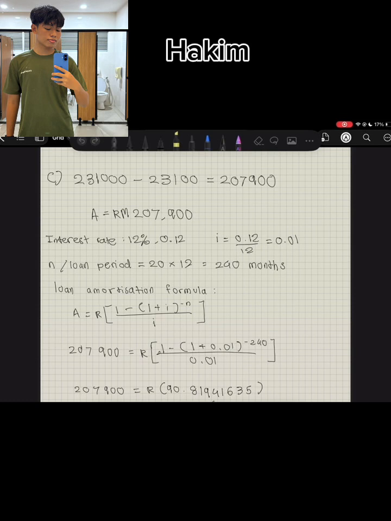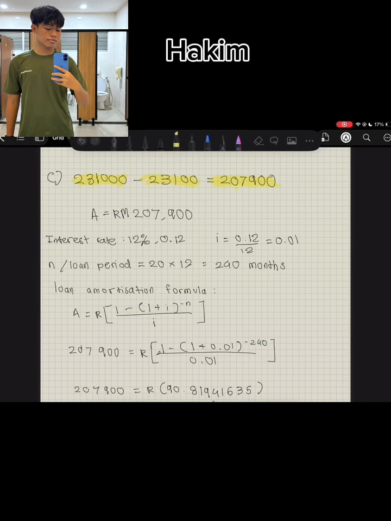Hi everyone. For question C, we need to calculate the monthly installment for the housing loan based on the new house price. First, let's find the actual loan amount. Since the new price increased to 231,000, we subtract the 10% down payment of 23,100. This leaves us with a total loan amount, denoted as A, of RM 207,900.